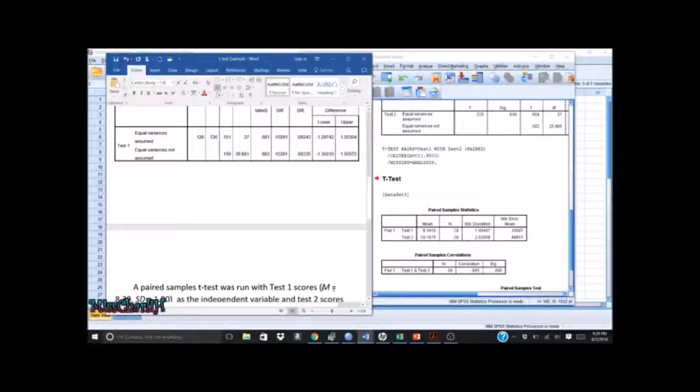So, test 1 scores. The mean is 8.34 with a standard deviation of 1.80.